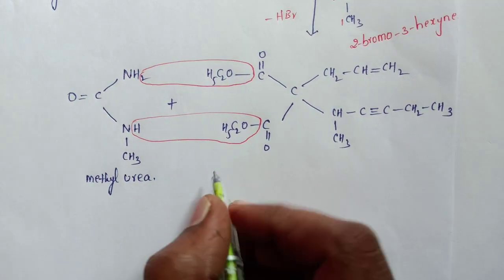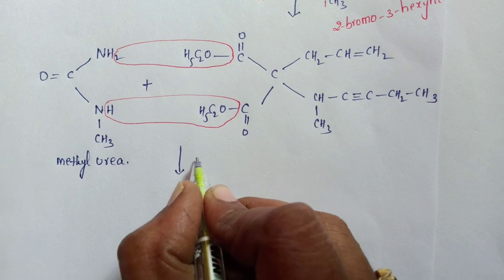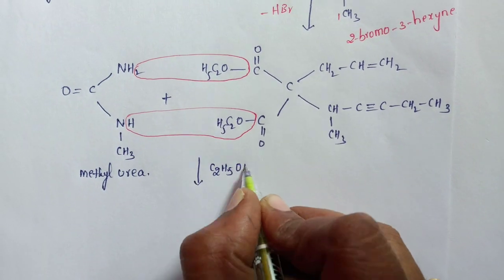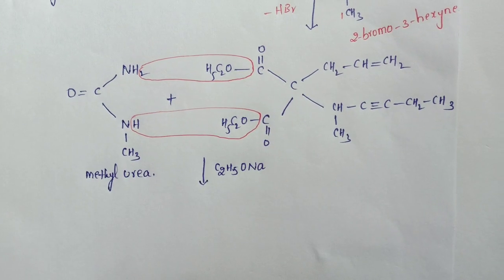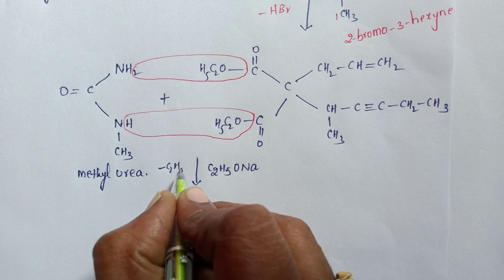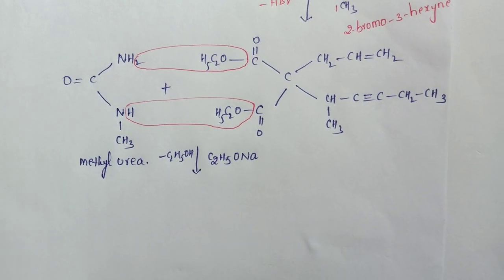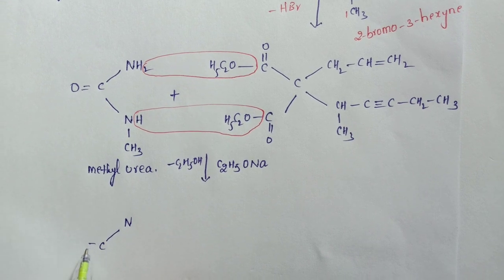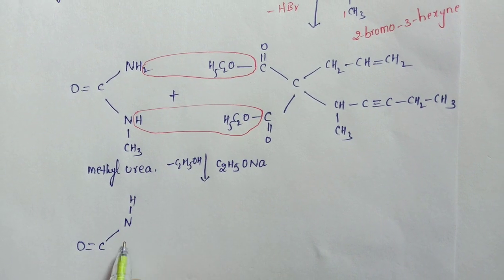So this clubbing or condensation occurs in the presence of a base like sodium ethoxide, C2H5ONa, and finally there is a loss of two molecules of ethanol, C2H5OH, and it gives a molecule. Just write down this one first, N, C double bond O. For this N, one hydrogen atom is there.